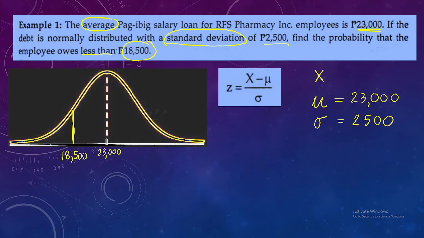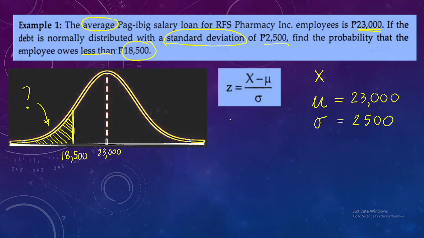So, for sure, this is the less than 18,500 part. So this is the area that we are going to be looking for. But to solve this, we need to get the area of this part, and we need to get the Z to get this area.